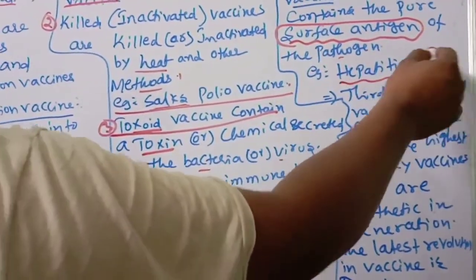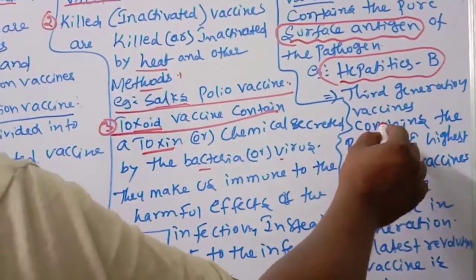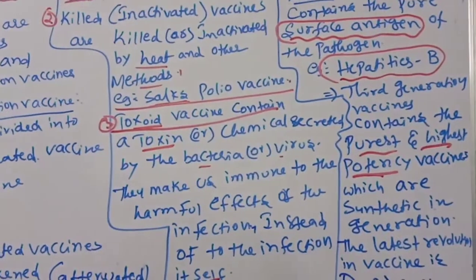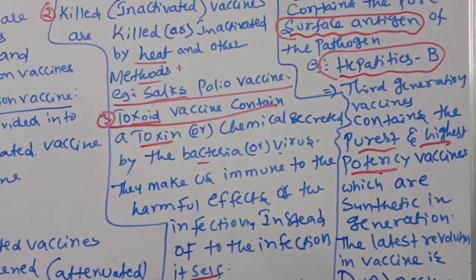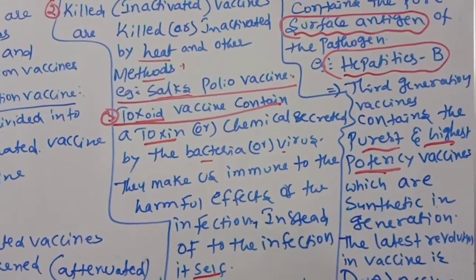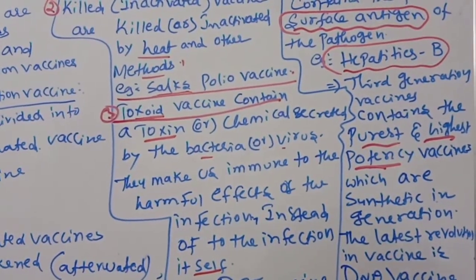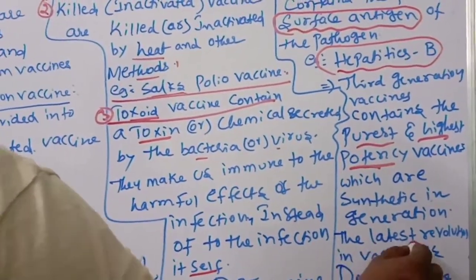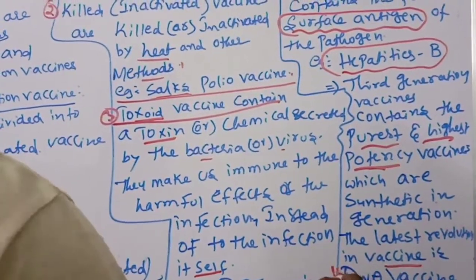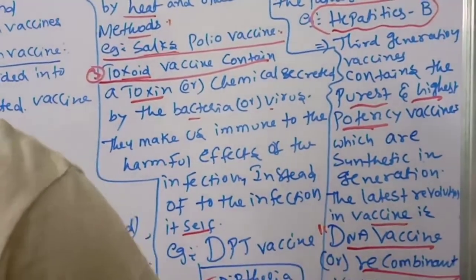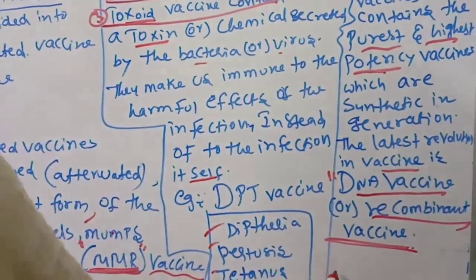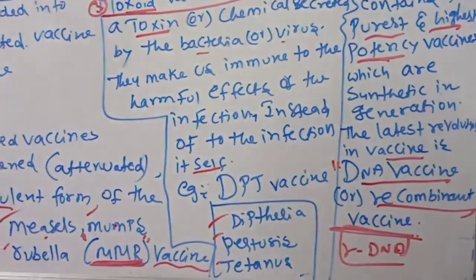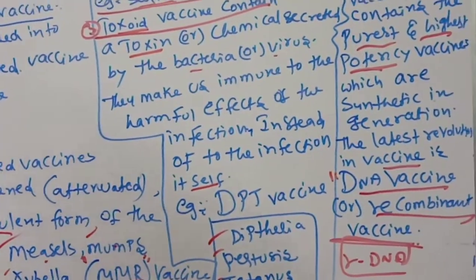Example, hepatitis B. Next, third generation vaccines: purest and highest potency, no side effects. Such a vaccine is third generation vaccine, which is synthesized. The latest revolution in vaccine is DNA vaccine or recombinant vaccine. By using rDNA technology, we will produce the DNA or RNA vaccines.